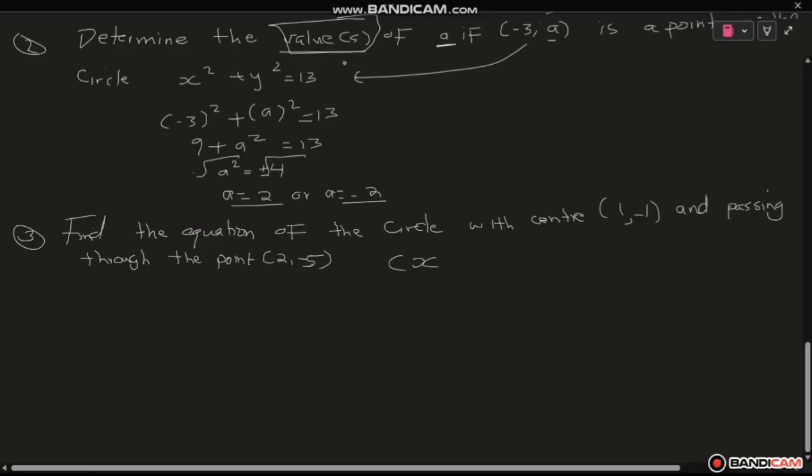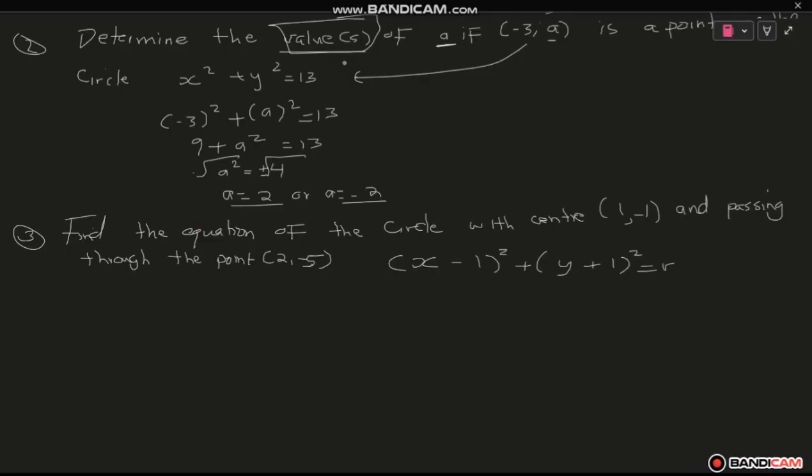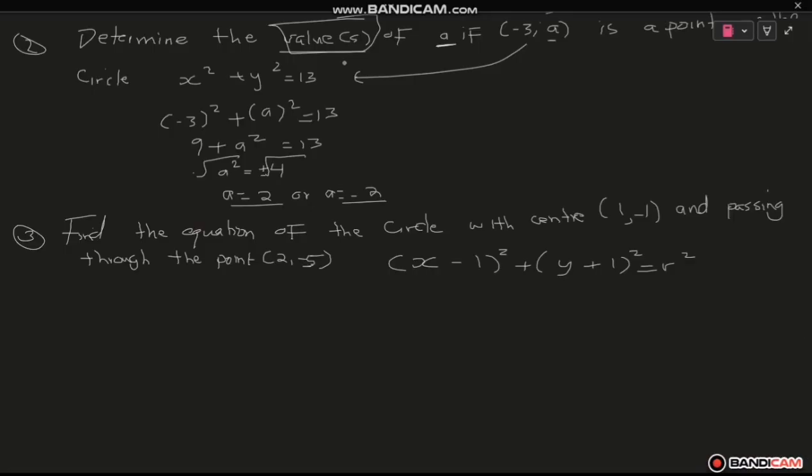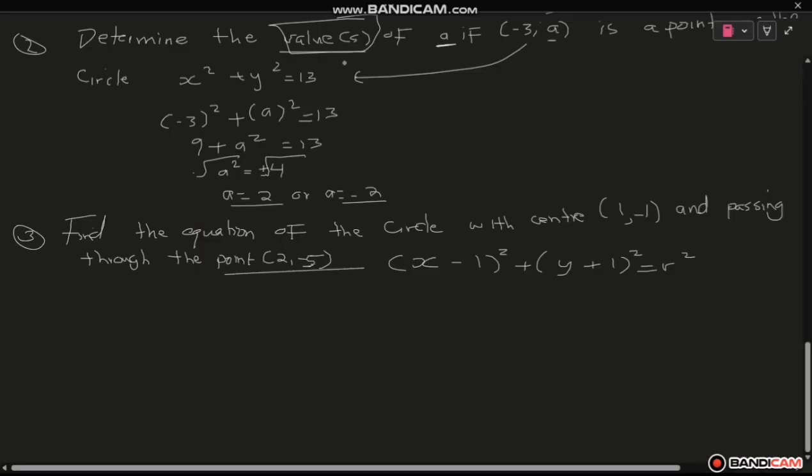Just that we're not given the radius, but we'll see. Then plus y plus 1 equal to r squared. Then what we're going to do now, we're going to take that point 2, 5 and substitute it in what we are having, so that we can find the value of r squared.